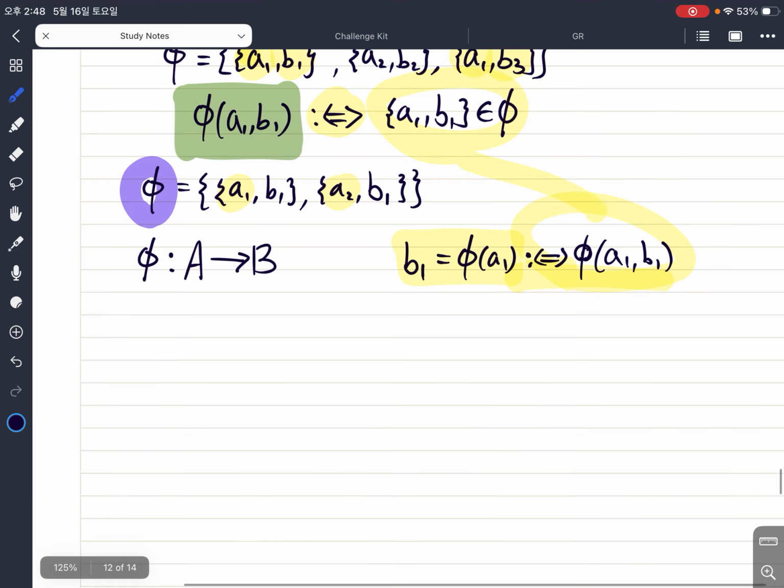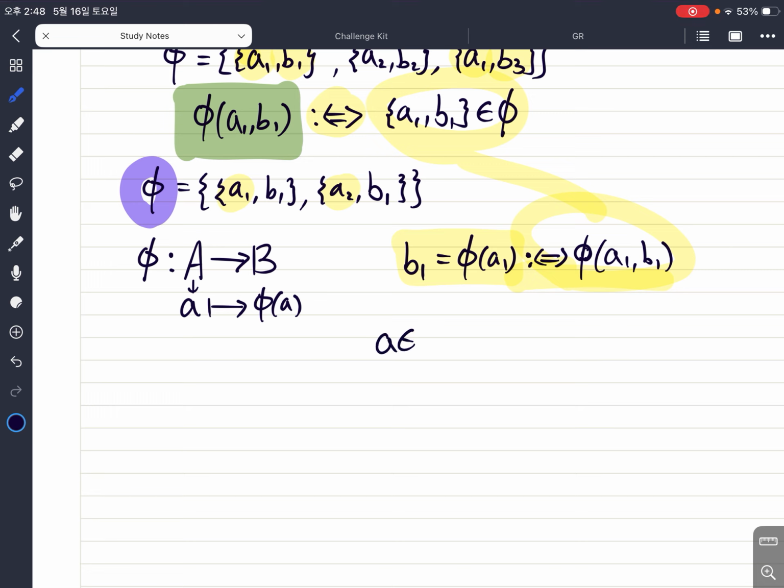And finally, usually we write this, but if we want to specify what happens, you usually also say choose one A in here, and then this A becomes phi(A). So this is some general relation. If you choose A1, then some element in B, maybe I better draw a figure.